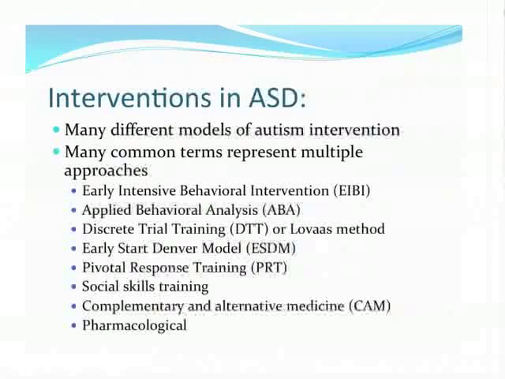It was the first behaviorally based intervention that was proposed for autism, and it was the first method actually developed to show some efficacy for actually treating autism, improving cognition, improving adaptive behavior, and improving language. So this discrete trial training approach, this LOVAS method, is based on behavioral principles. It's based on ABA.